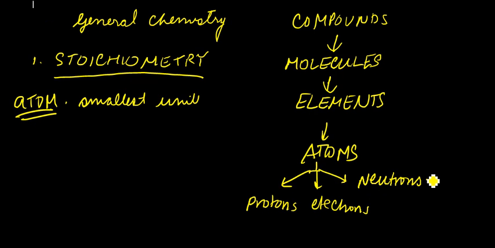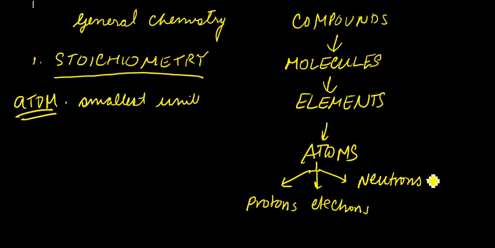Alright, so atom is basically the smallest unit, and then these atoms combine to form elements, elements combine to form molecules, and molecules combine to form compounds. So that is like the flow chart, or that is the dogma of general chemistry.